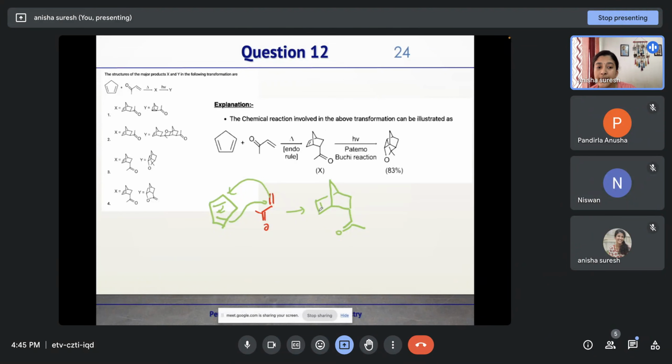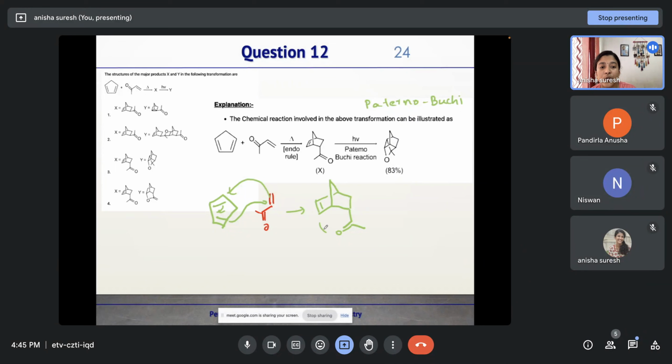Now this double bond and this double bond will undergo 2 plus 2 cycloaddition. Those sorts of reactions involving a carbonyl group are known as the Paterno-Buchi reaction.